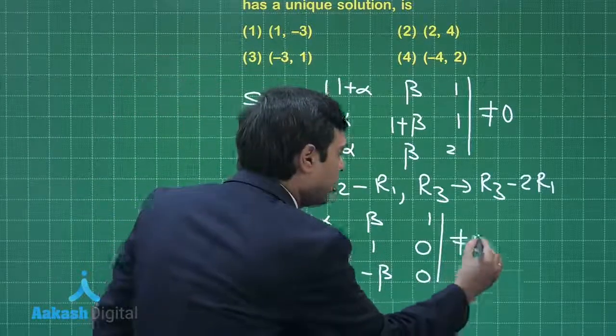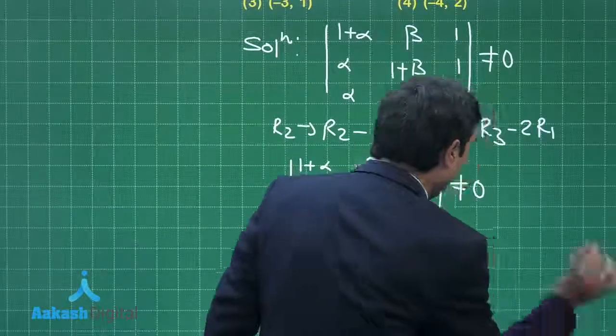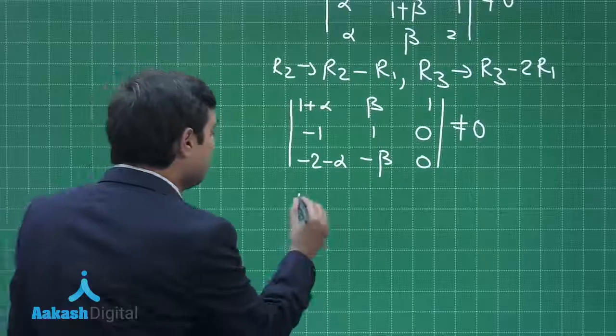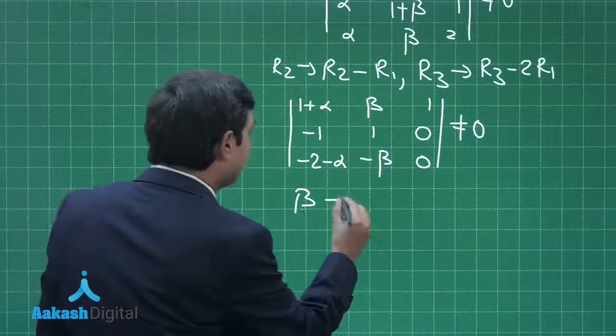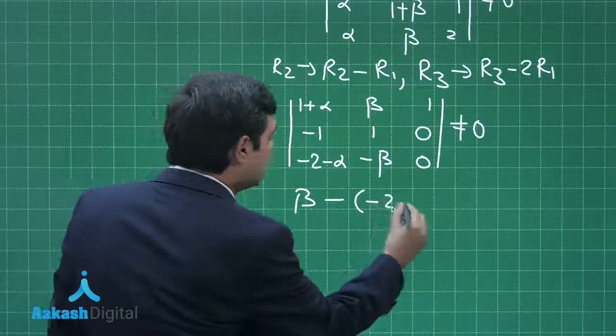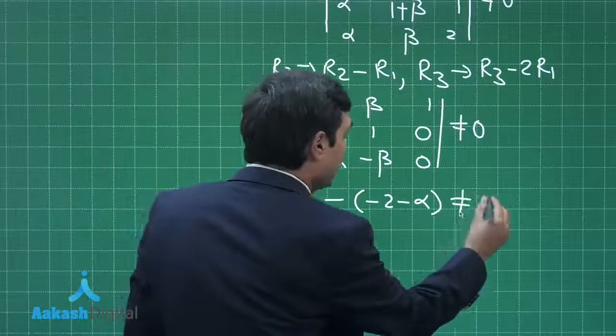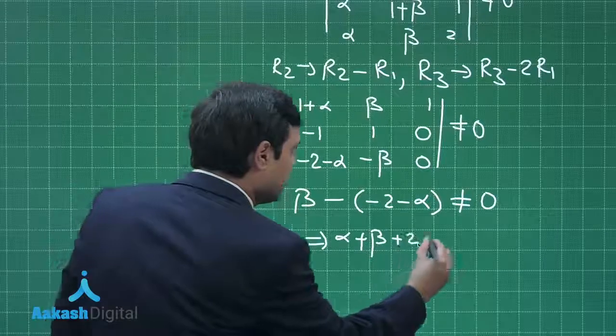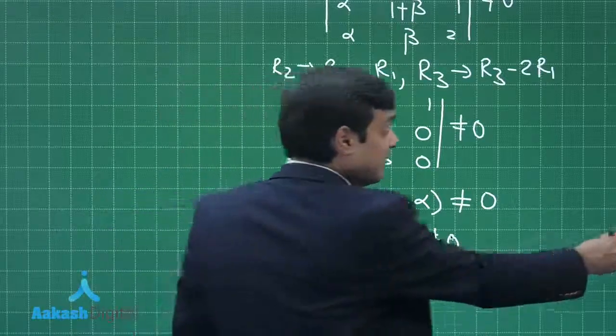This term should not be 0 is what we are looking for. So, expand it along the third column to get the result as beta minus 2 minus alpha. It should not be 0. That means alpha plus beta plus 2 should not be 0 is the result required.